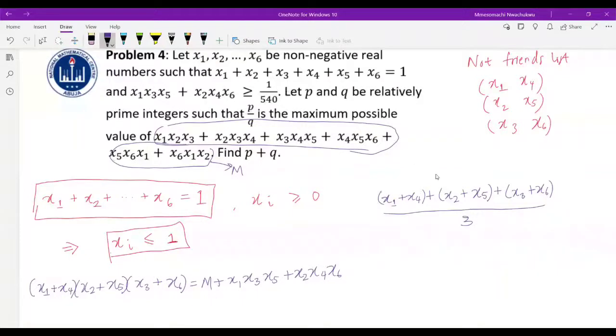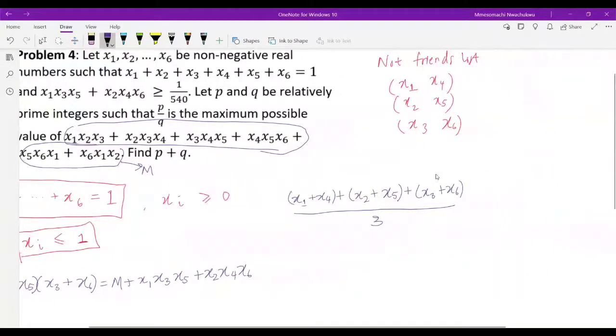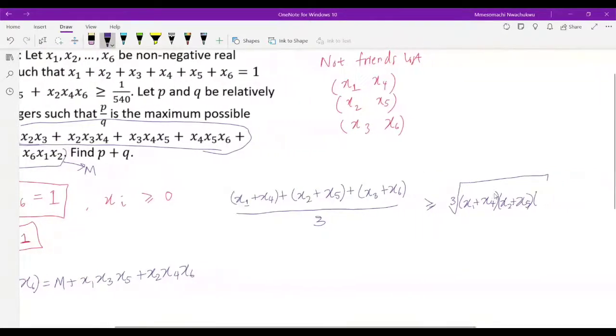So this is greater than or equal to the cube root of x1 plus x4, into x2 plus x5, into x3 plus x6.